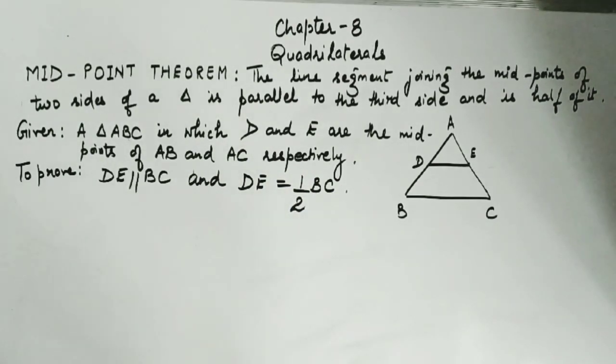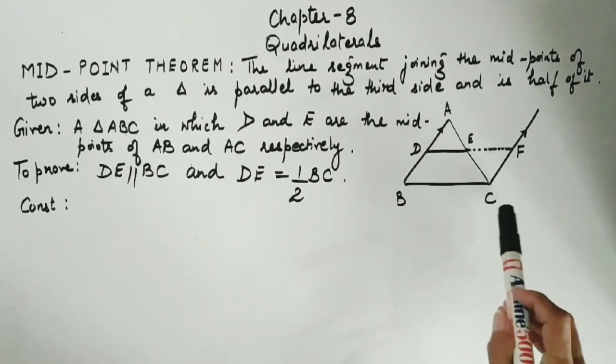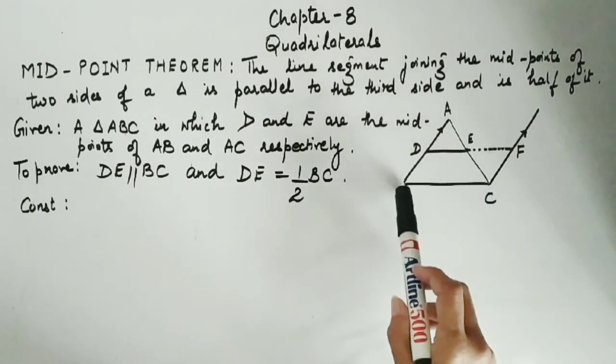To prove this theorem we would do a construction. In the construction, we draw a line through C parallel to BA.